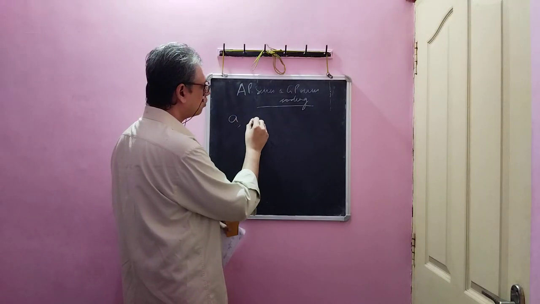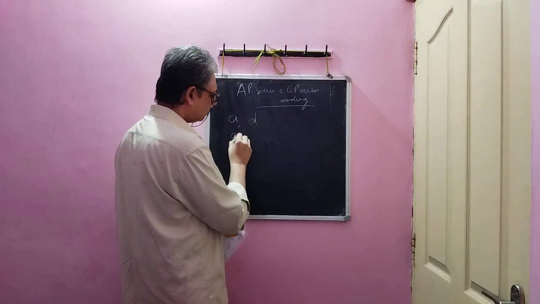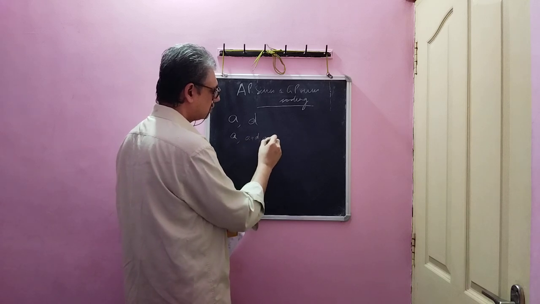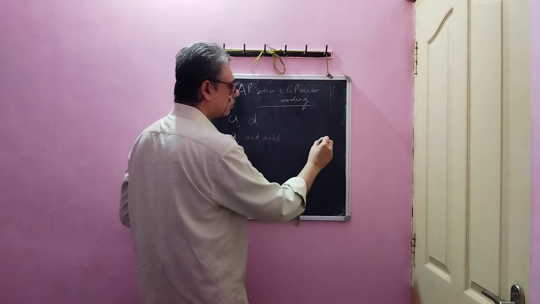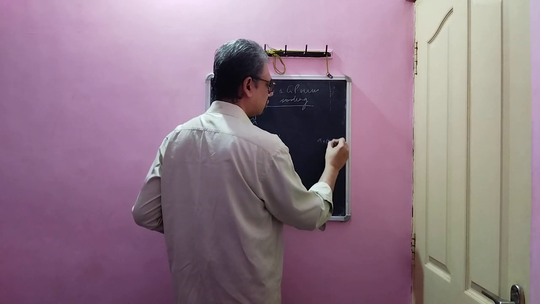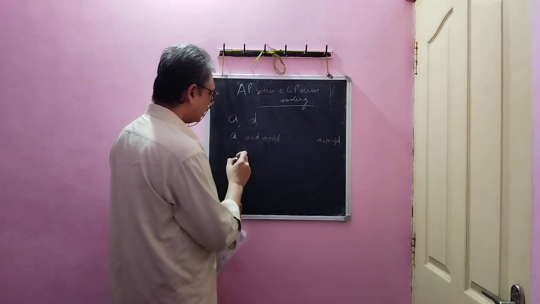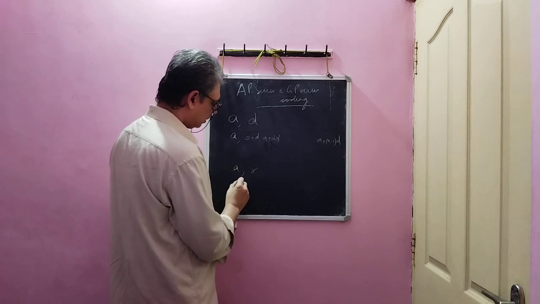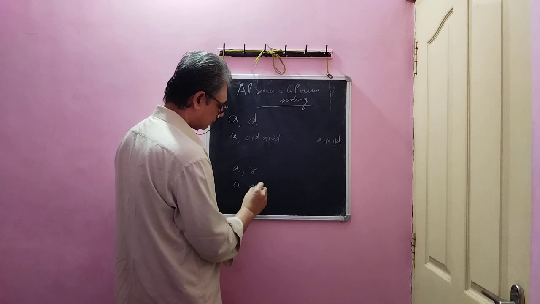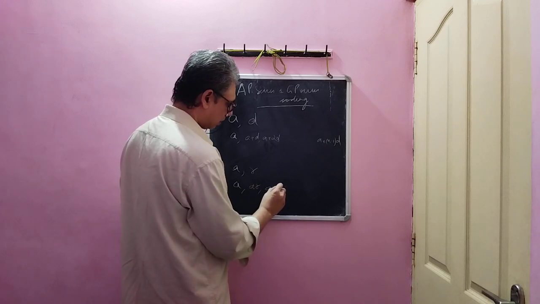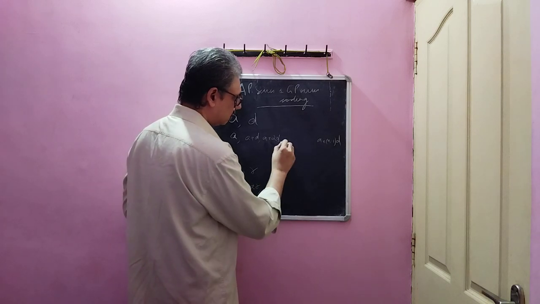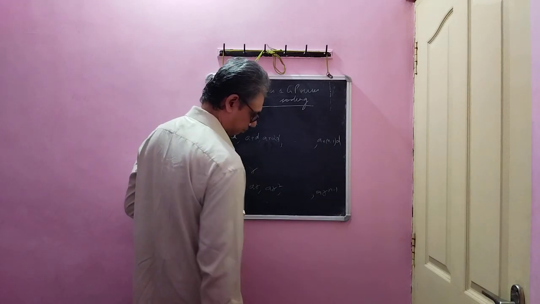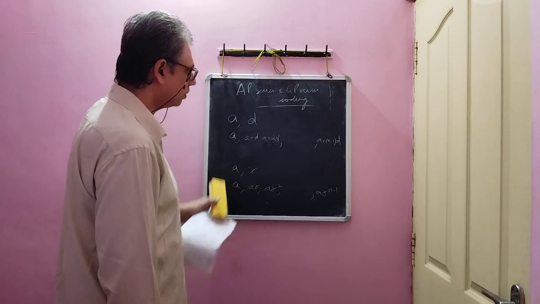We know the first term is A, common difference is D. The AP progression is A, A plus D, A plus 2D, and so on up to A plus n minus 1 into D. Likewise, GP series, the first term is A and common ratio is R. The sequence is A, AR, AR square, and so on, AR power n minus 1 up to n terms.